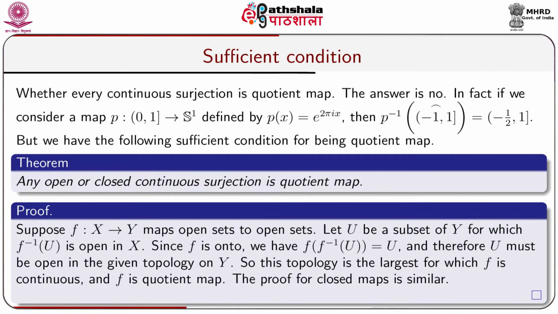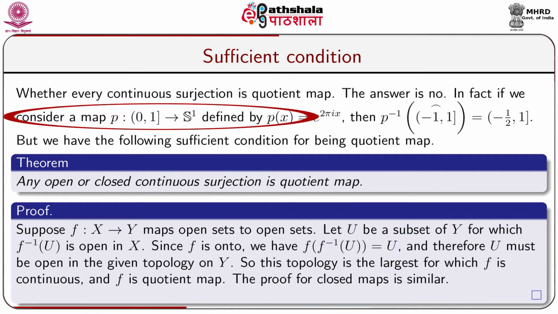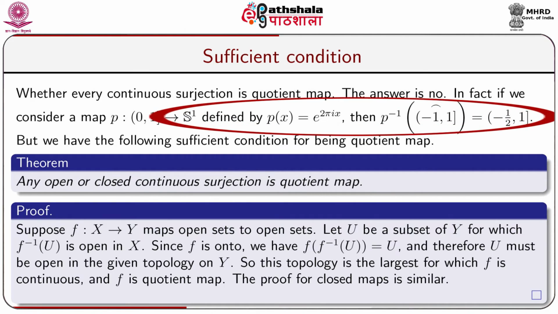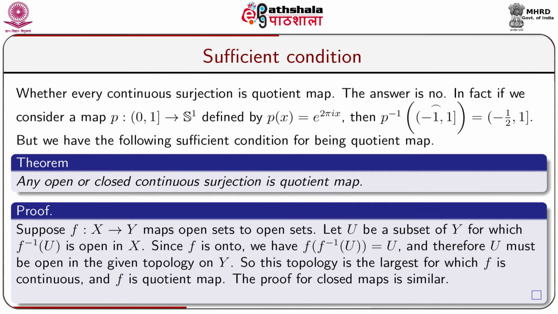So, I am giving an example of a continuous surjective map which is not a quotient map. Consider the map P from the semi-open interval [0, 1) to the unit circle S1, where 1 is open. The mapping is defined by P of x is equal to e to the power 2 pi i x.